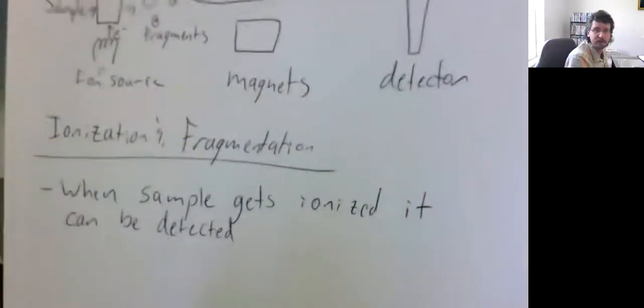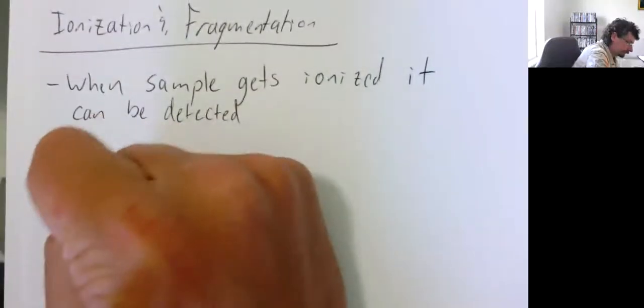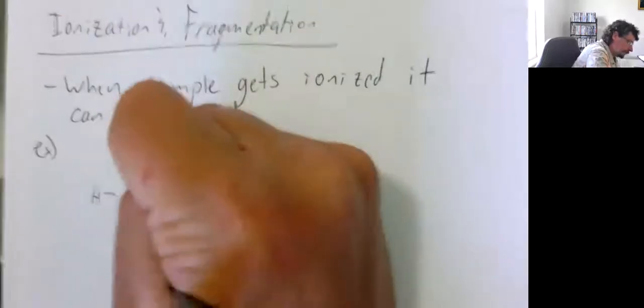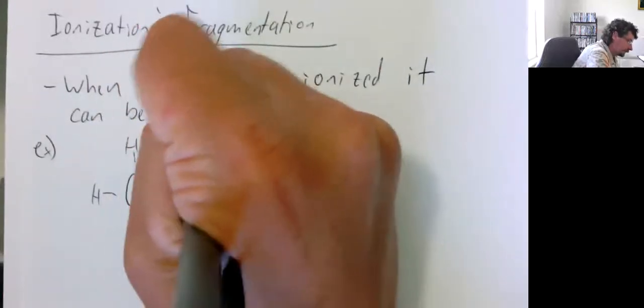So as an example, let's consider methanol. So this is what the structure of methanol looks like. It's one carbon, a handful of hydrogens, and a single oxygen.